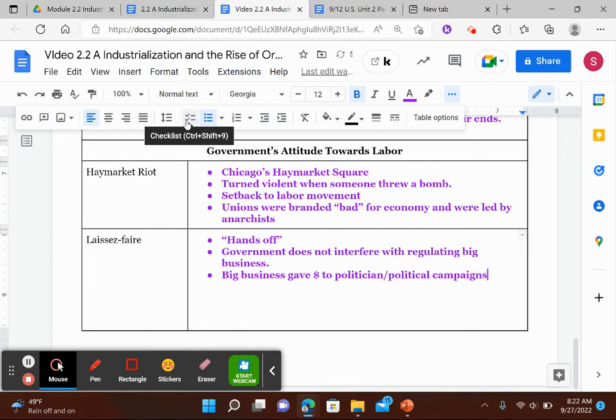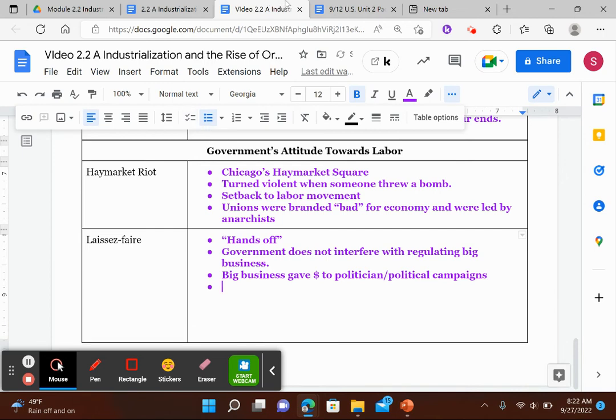So if people wanted to get elected, they needed to be on the side of big business, because big business would give money to run a good campaign so that you could win. And then while you were in office, you couldn't just go back on your word. You had to do what big business wanted you to do, or you would not get reelected. So the government saw big business as making you prosperous.